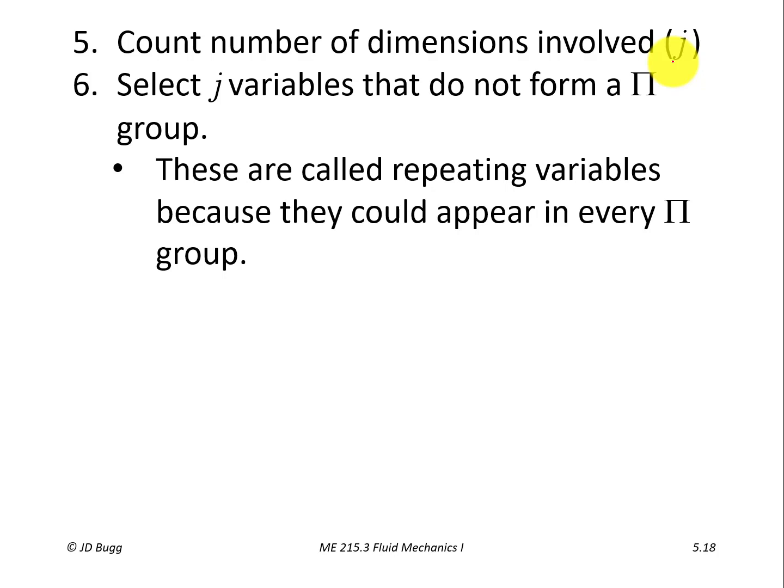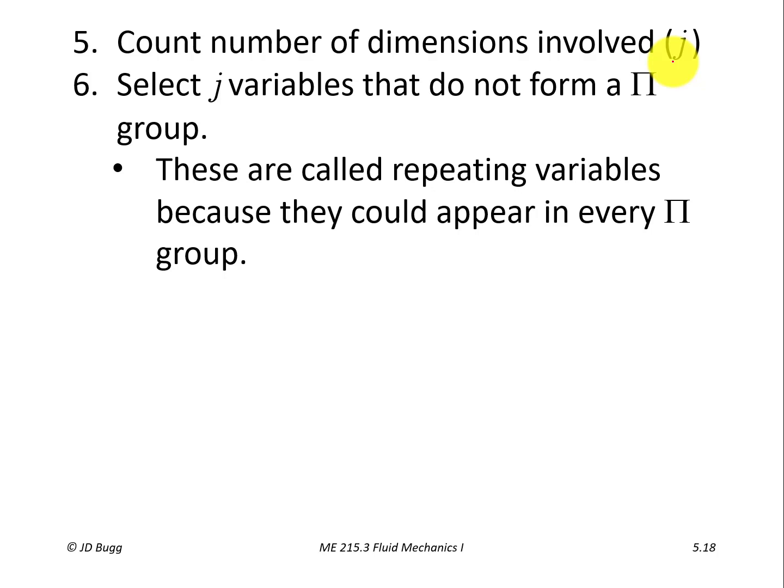Now, why do they have the name repeating variables? Well, it's because they're going to appear, potentially at least, in every one of our pi groups. So there's some experience required to choose these repeating variables wisely, and we'll talk about that in the context of the examples that we're going to do.